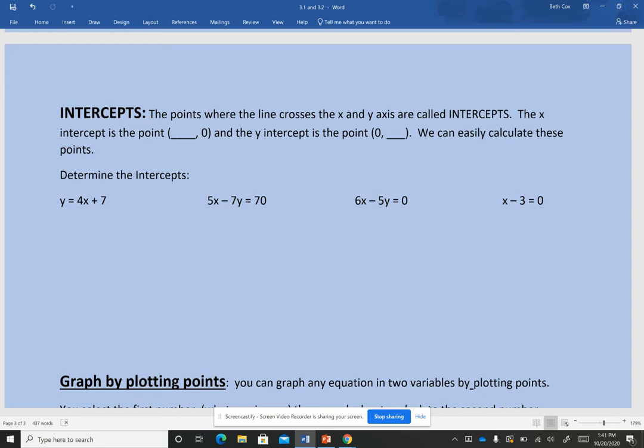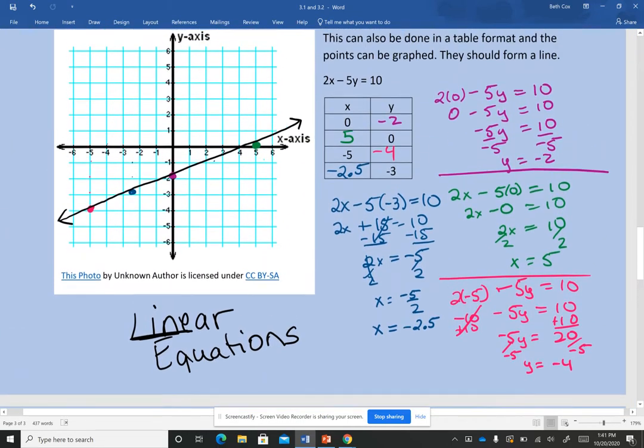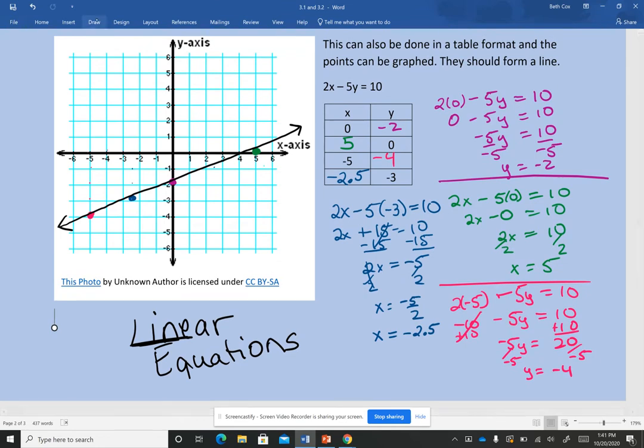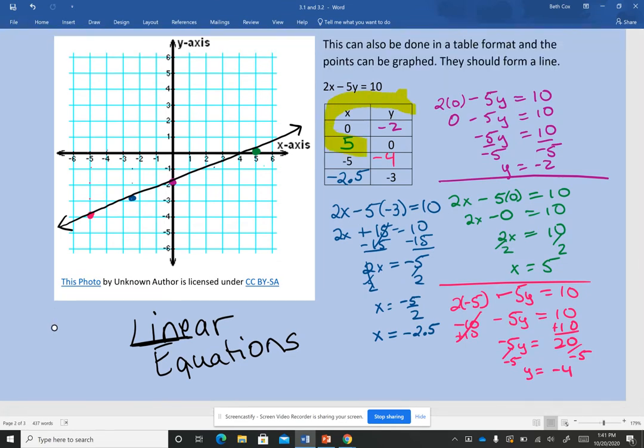And we can easily calculate these points by doing exactly what we did in the previous video. Notice in the previous video, at the end, we had intercepts right here. These first two, we were calculating the intercepts.